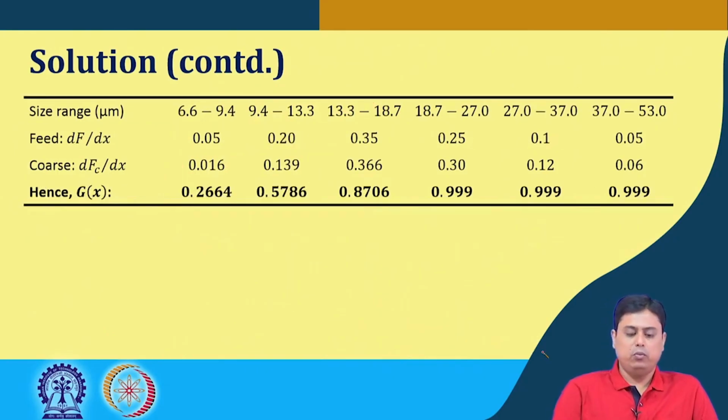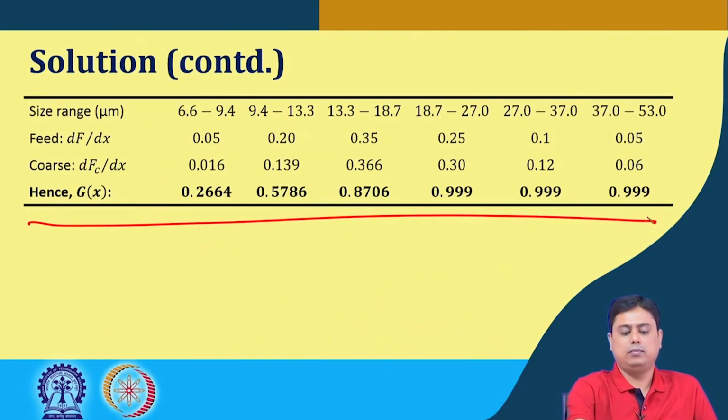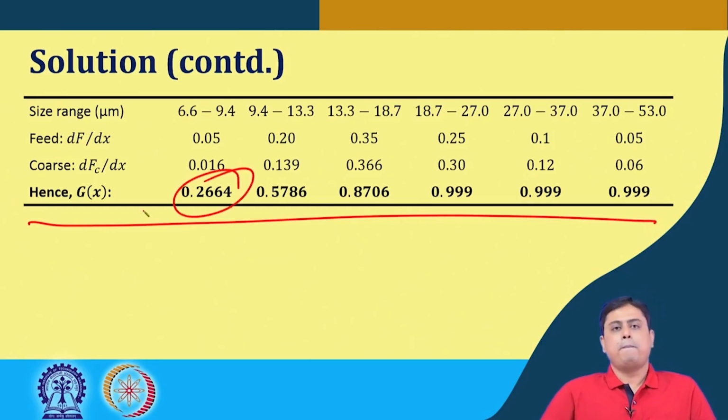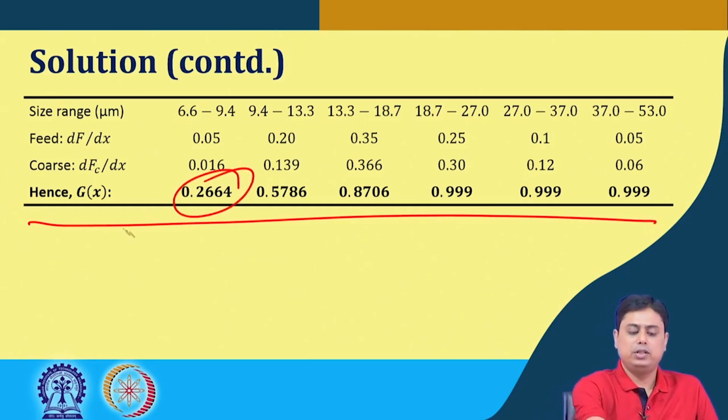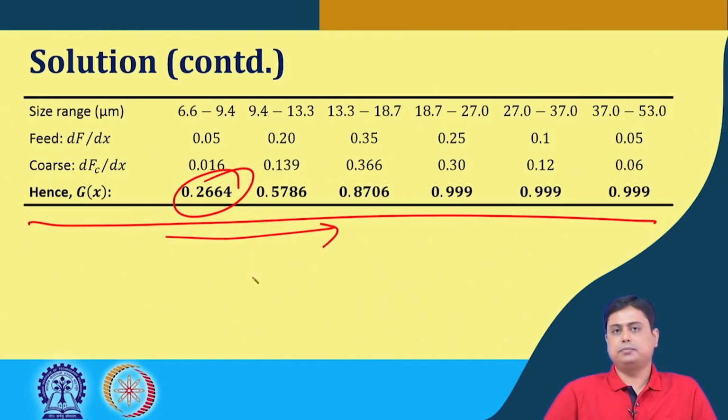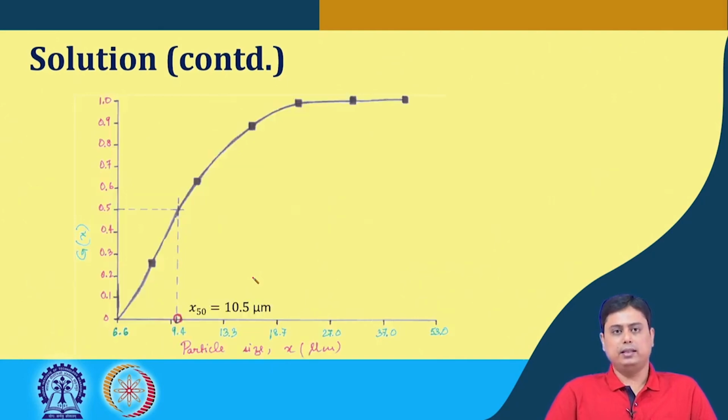Similarly, we can form such a table and calculate the G(x) values from the previous expression. This would give us the grade efficiency plot as well, which would look something like this.